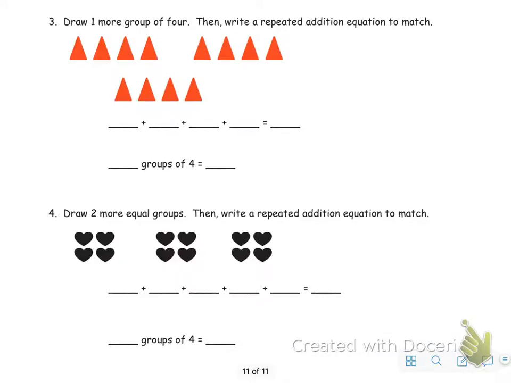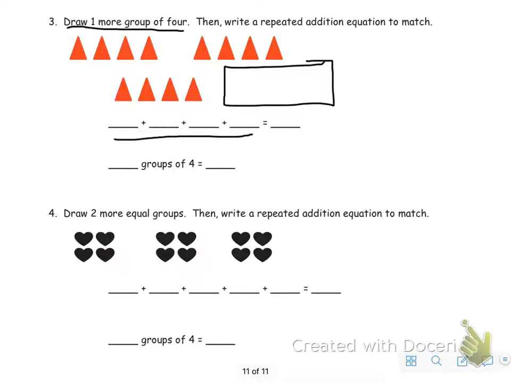Alright, so once again, looks like we need to draw one more group of 4, then write a repeated addition equation to match. So I would draw a group of 4 in this area right here, and then fill in these blanks with the number in each group, and then the total would be all of your triangles together.